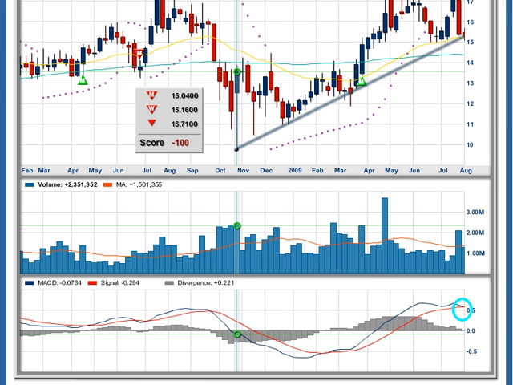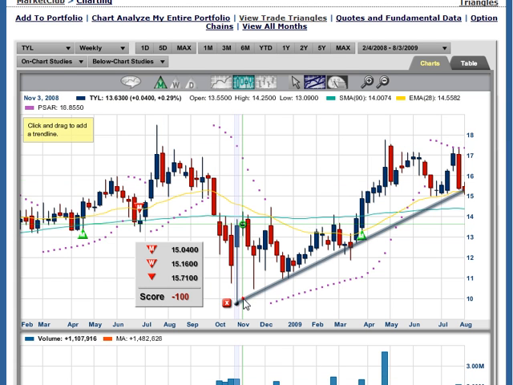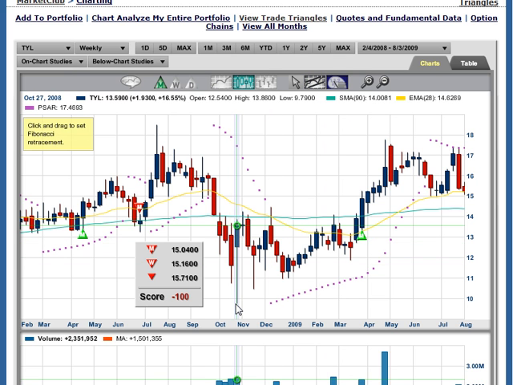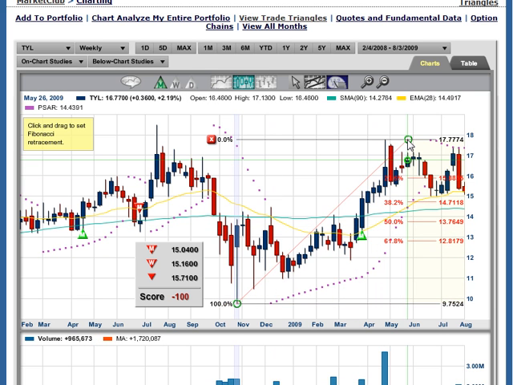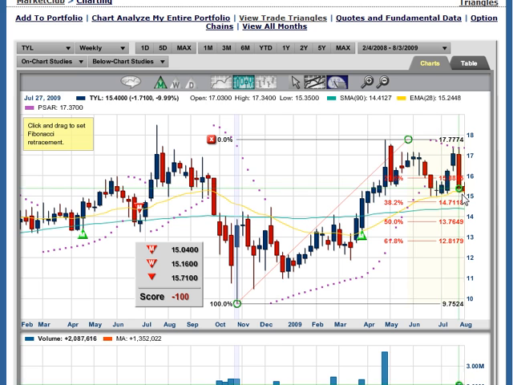So how low do I think this can go? Let's take a look. I'm going to get rid of all the trend lines here and draw in our Fibonacci, starting from the very low and going to the recent high. Here we go. Right now we're approaching the 38.2% level, and I suspect there's going to be some support right here at $15.